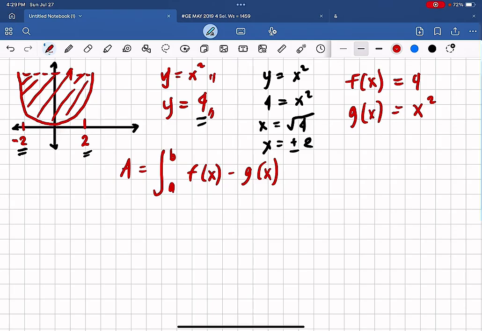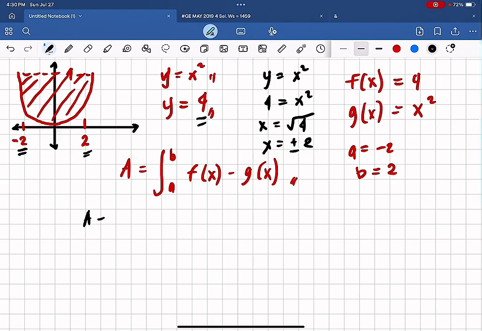So now let's substitute these values into our formula. But wait, our a is equal to negative 2, and our b is equal to positive 2. So we get this from solving the intersection, and now substitute these values in our formula.